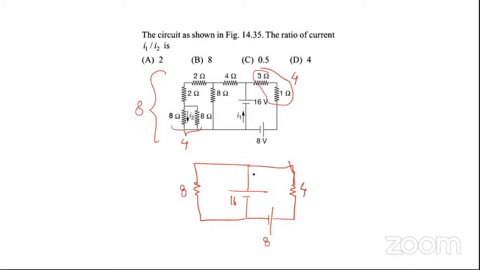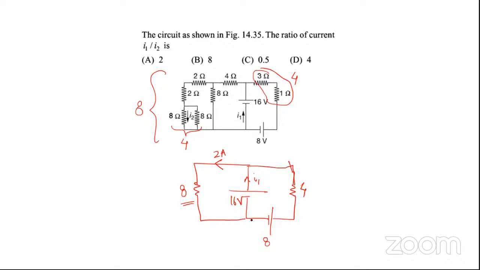Alright, and I have this as I1. So see guys, this potential is directly applied at 8, this 16 volts. So I can say that V equals IR gives me current over here as 2 amperes.